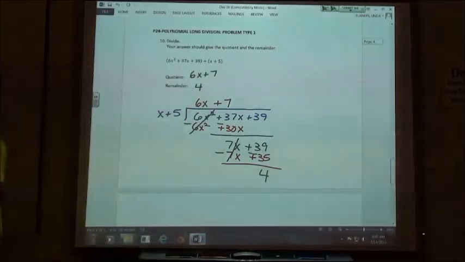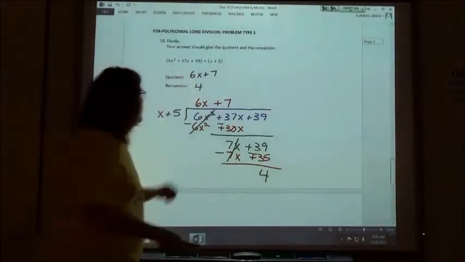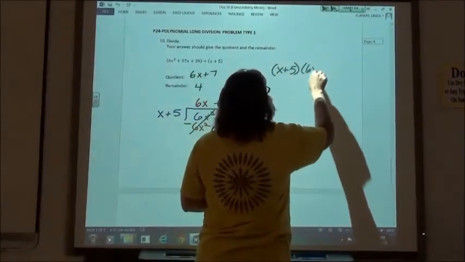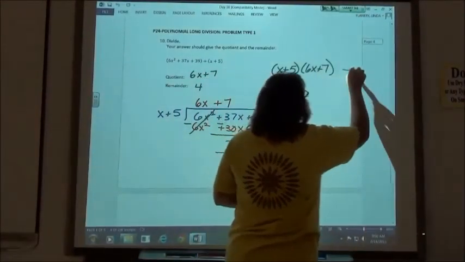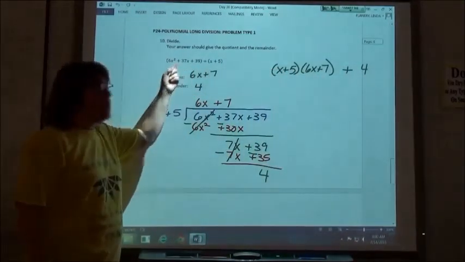4 is my remainder. Now if I wanted to check my long division, if I take my divisor times my quotient, x plus 5 times 6x plus 7, and add my remainder, 4, I should get what I started with here.